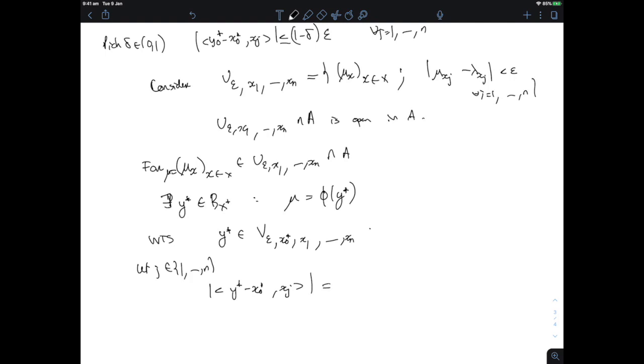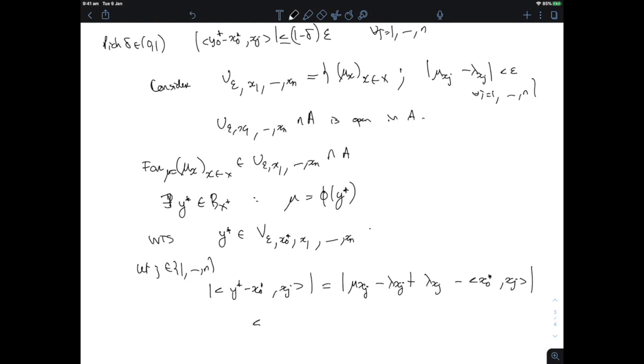It is really mu of xj minus lambda of xj plus lambda of xj minus x naught star xj. Right? Of course, y star xj is mu xj, and I introduced lambda xj because I know that mu xj is close to lambda xj.